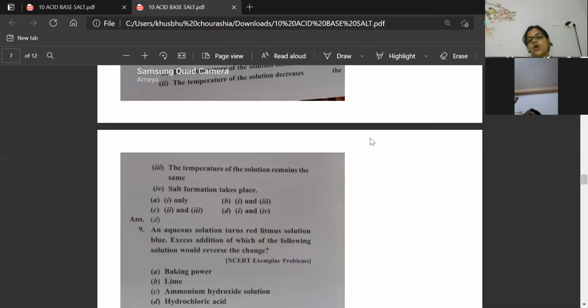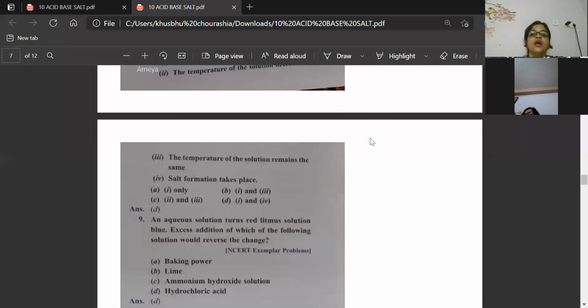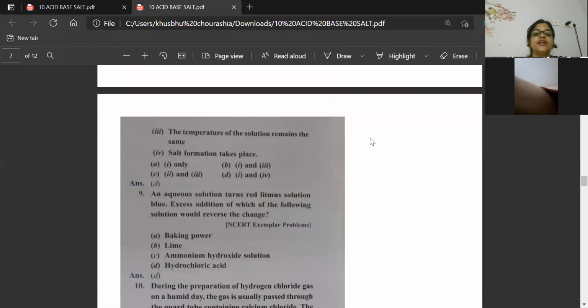Option D, hydrochloric acid, is correct. The solution is basic, so if you want to convert it to acidic, we have to use hydrochloric acid. So option D is the correct one.